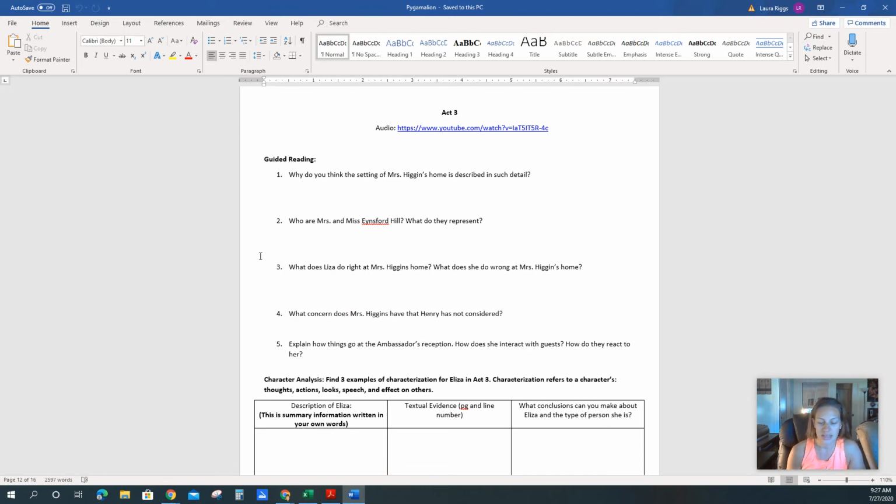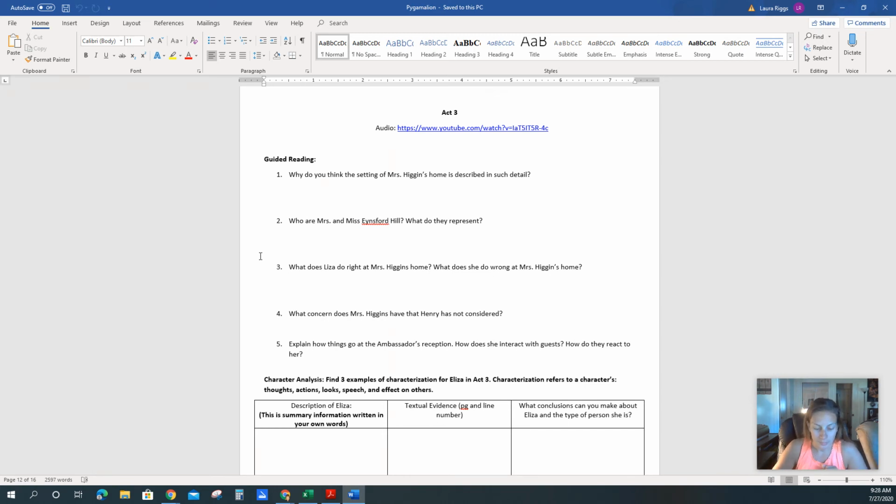And then she says bloody, which is a British equivalent to a curse. And this exposes Eliza as a working class person, but Miss Ainsford Hill thinks that she's being fashionable and forward. Mrs. Higgins is appalled that she has said this, and doesn't want that kind of language in her home.